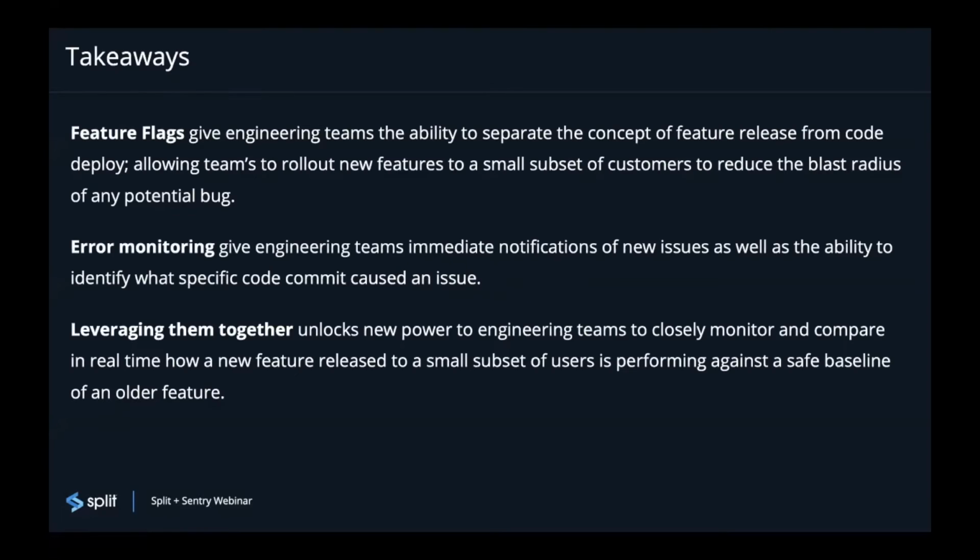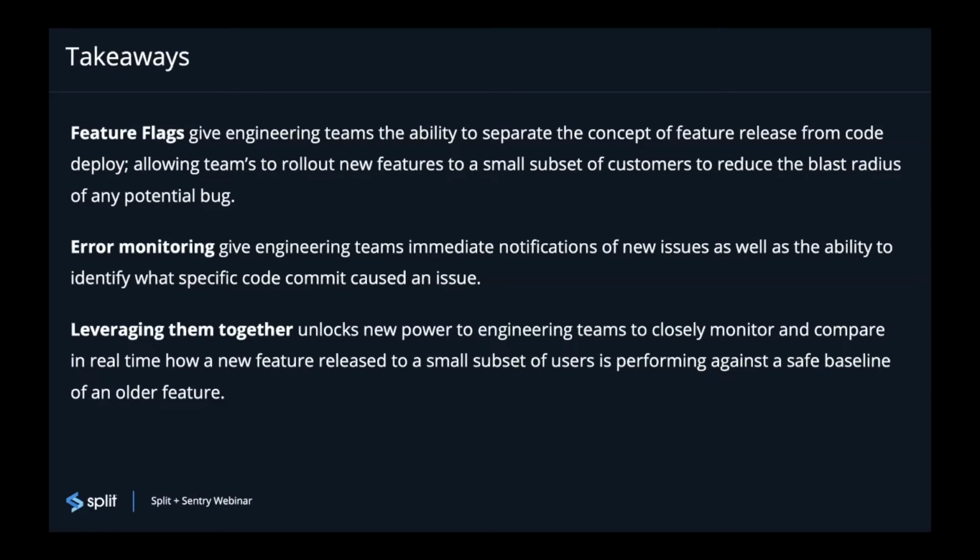Perfect. Thanks, Leah. At a high level, if we remove ourselves from Split and Sentry, a big part of how we've been thinking about modern software development is that we see companies using feature flags and error monitoring at a much higher rate, right?